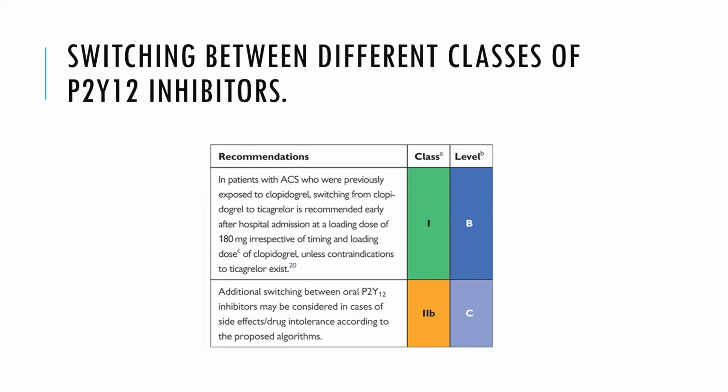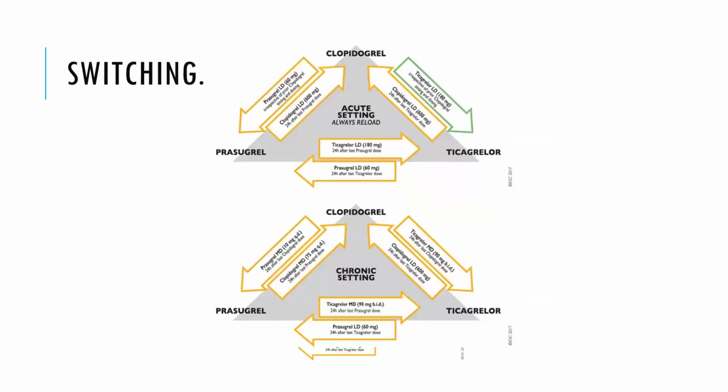Additional switching between oral P2Y12 inhibitors may be considered in case of side effects or drug intolerance. That's a class 2B recommendation. This is just showing that the only one that has a class 1 recommendation is switching from clopidogrel to ticagrelor. The other switches are class 2B recommendations, depicted by the color of the arrow.